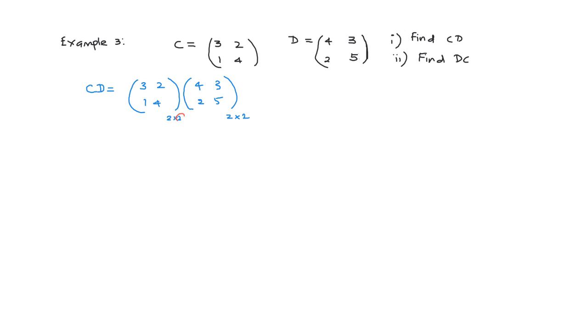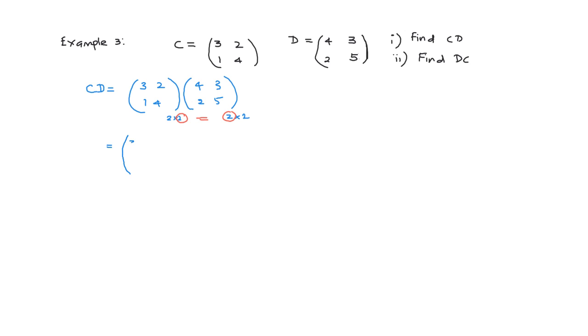Here columns of this is equal to rows of this one. So we can define CD. Let's see. Here you have to multiply this row with this column, this row with this column, and this row with this column, and this row with this column. Your order of resultant matrix will be 2 by 2 here.